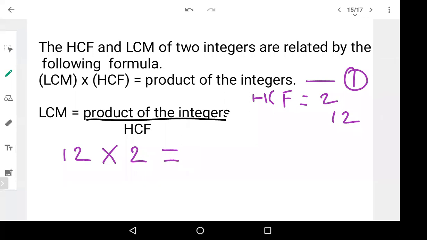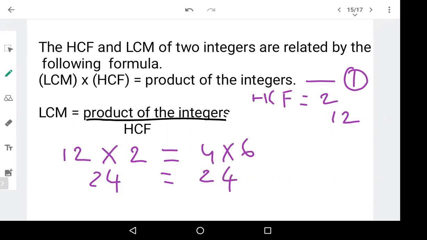And what were the integers that we took? 4 and 6. Now find out the product. 4 6s are 24. 12 2s are 24. You're getting the same answer. That is the meaning of the first formula.